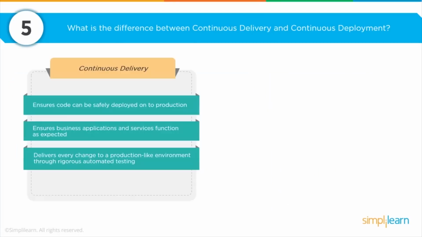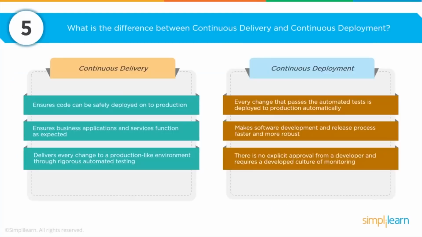So what is the difference between continuous delivery and continuous deployment? Continuous delivery is based on putting out code that can be deployed safely to production. It ensures that your businesses and functions are running as you would expect them to be. So it's going through and completing the code that you'd actually see.